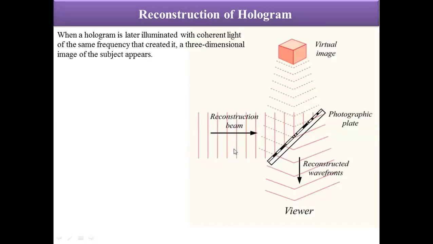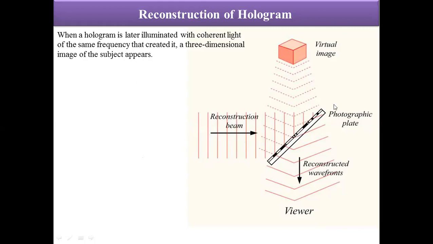Now let's see the reconstruction of a hologram. For reconstruction, we need the same laser beam that was used during the construction of a hologram. So now here we are using the same beam, and the same beam is focused on the photographic plate that contains the two-dimensional interference pattern.